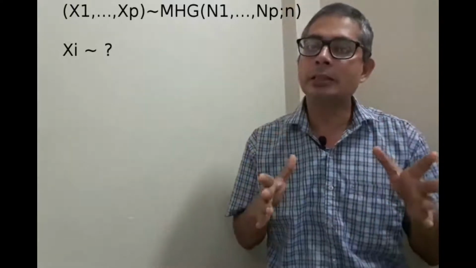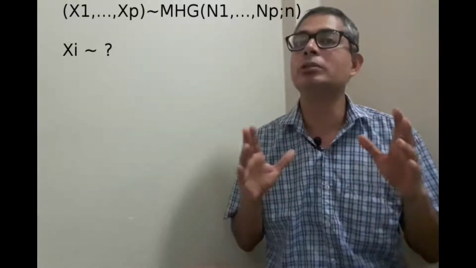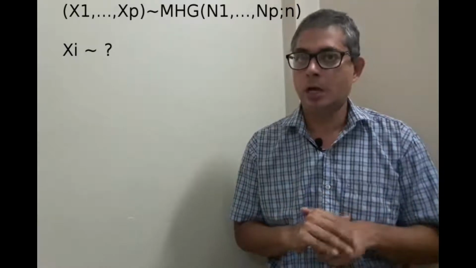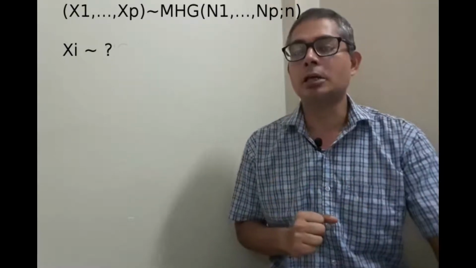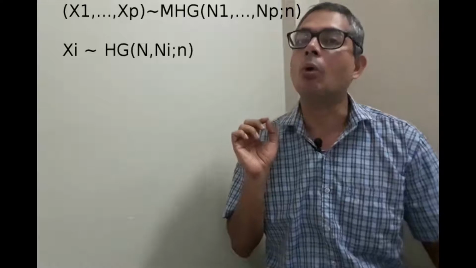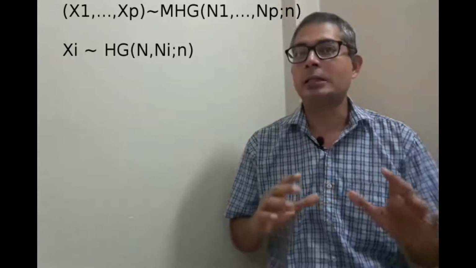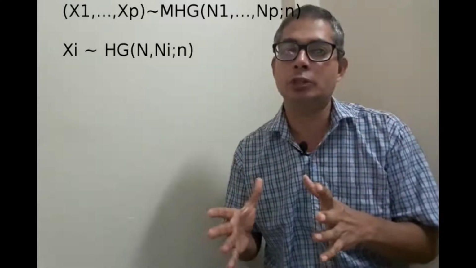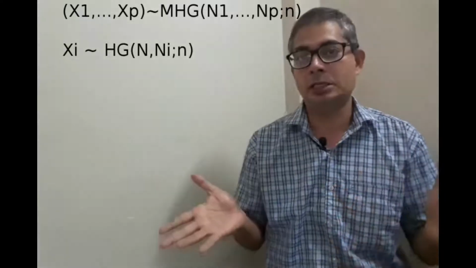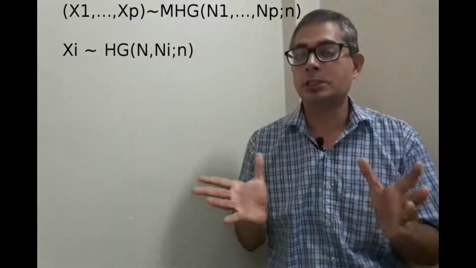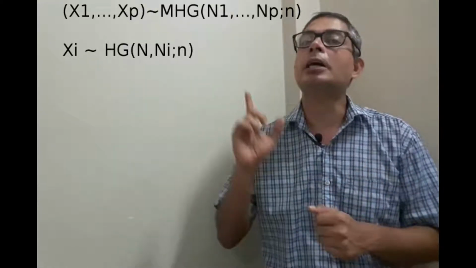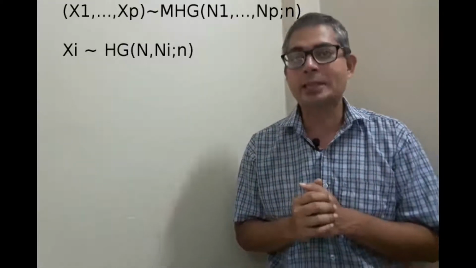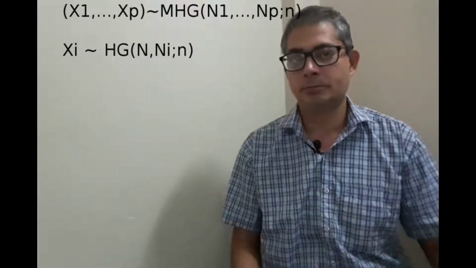So we are back in the p equal to 2 case, that is univariate hypergeometric. Now the ith category consists of Ni individuals, and the all-the-rest category therefore has N minus Ni individuals. The sample size still remains little n and the population size remains capital N. Thus the marginal distribution of Xi is this.